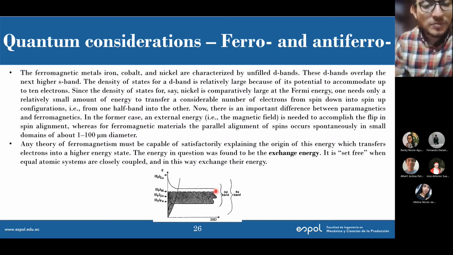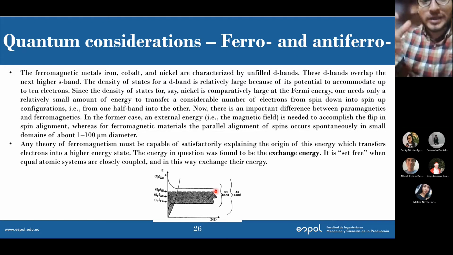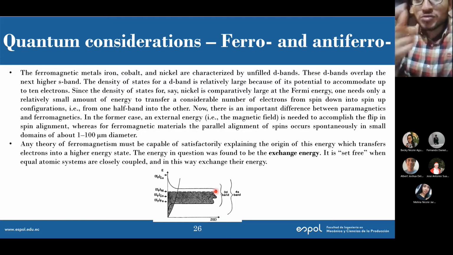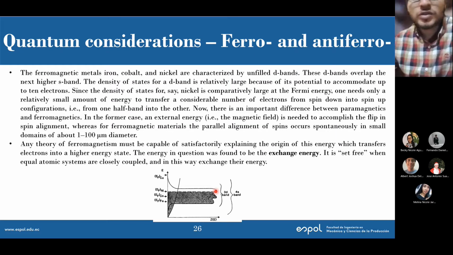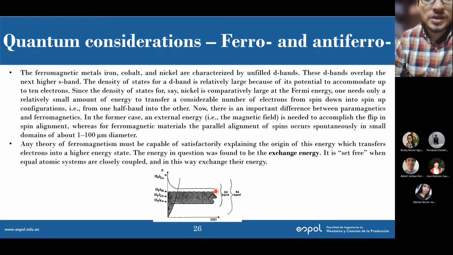And it actually happens because these materials have very small magnetic domains, which are about 1 to 100 micrometers in diameter. So that's why it's very easy, and it's also spontaneous, because you really need a very small energy, because you already have a very large density of states.